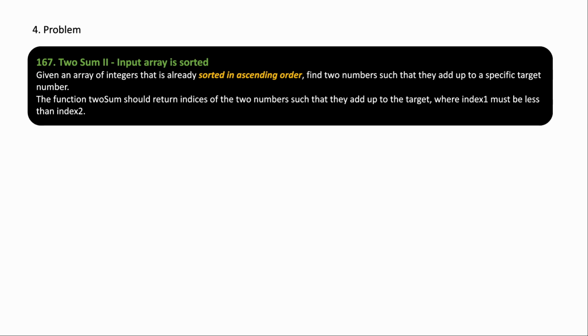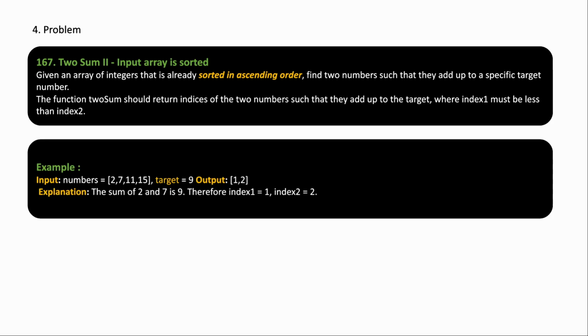We need to find one pair from the sorted array whose addition matches the target number, and we need to return the indexes where we get this result. All right, now let's see the example given in the problem.